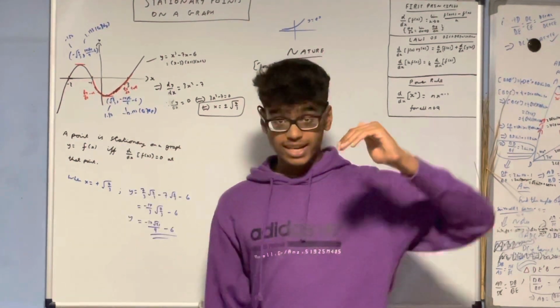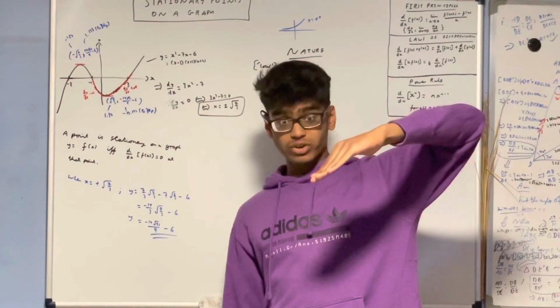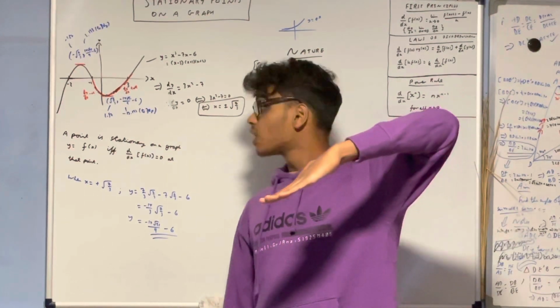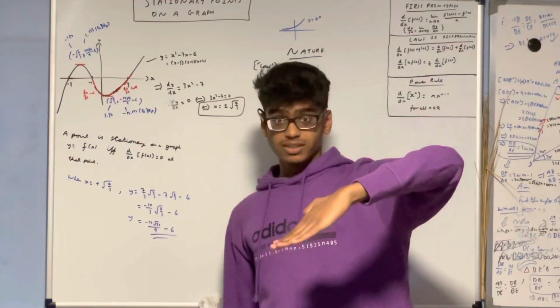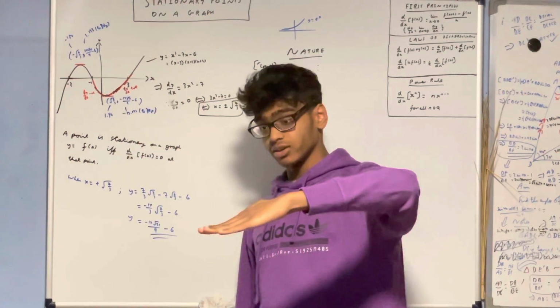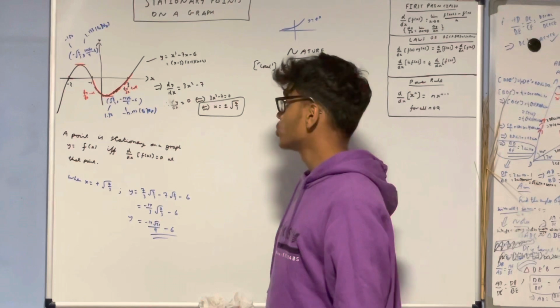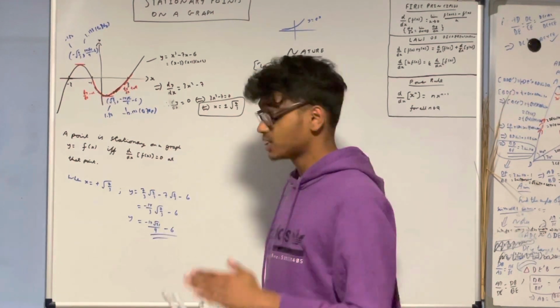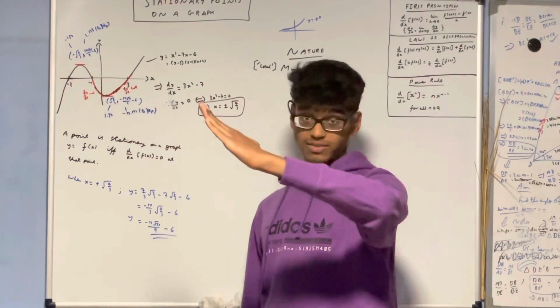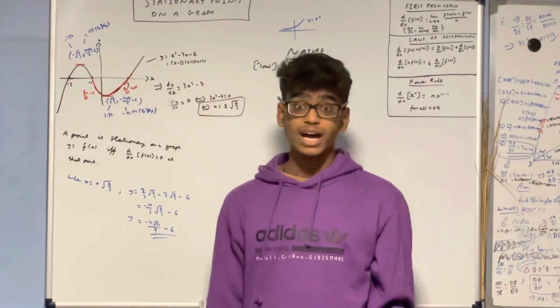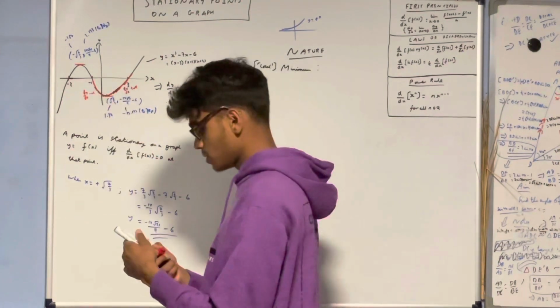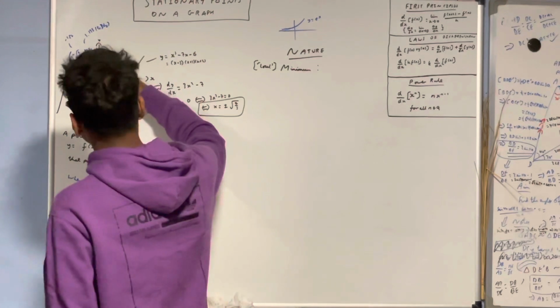For all the points where the gradient is negative, the graph is decreasing. Its value is going down and down and down. But once it gets to a point where dy by dx equals 0, and then becomes positive again, we end up with a minimum point. And the opposite is true for maximum points.